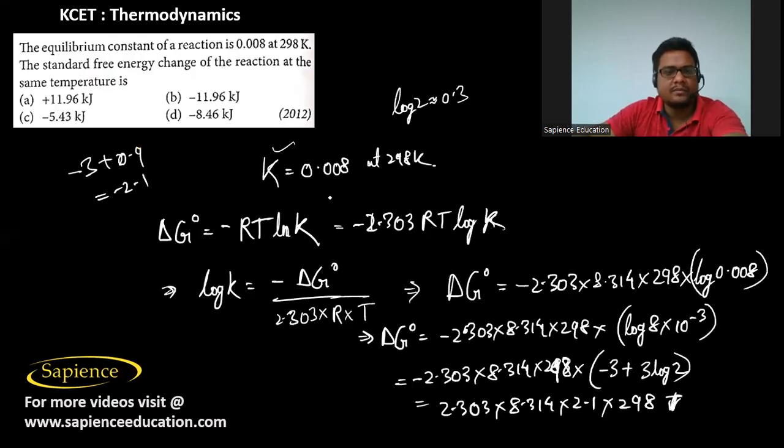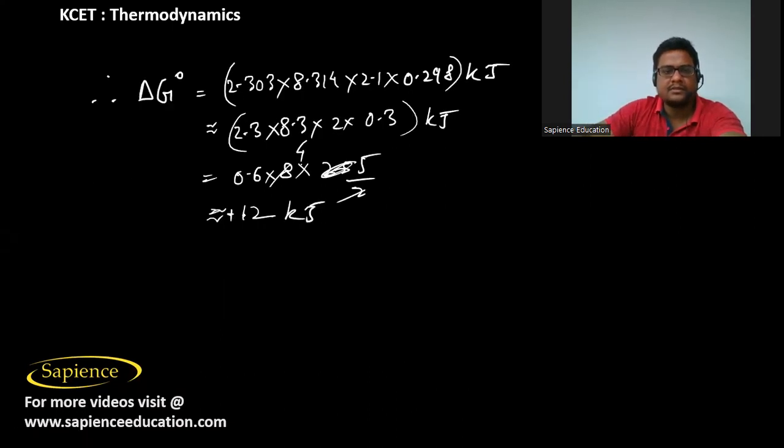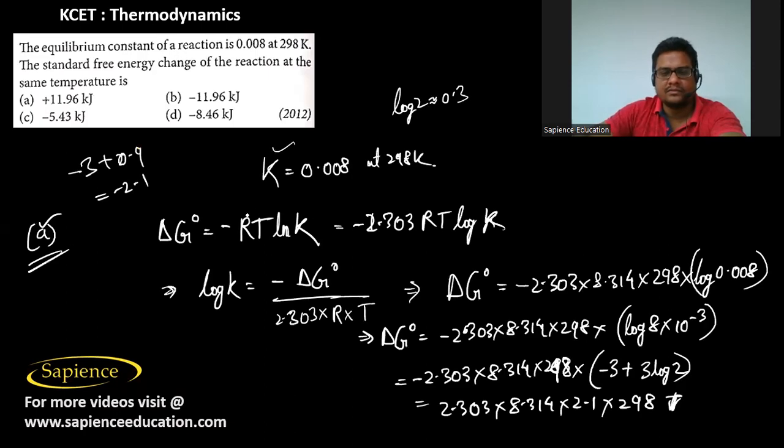The exact value is 11.96, so it is approximately option A, plus 12 kilojoule.